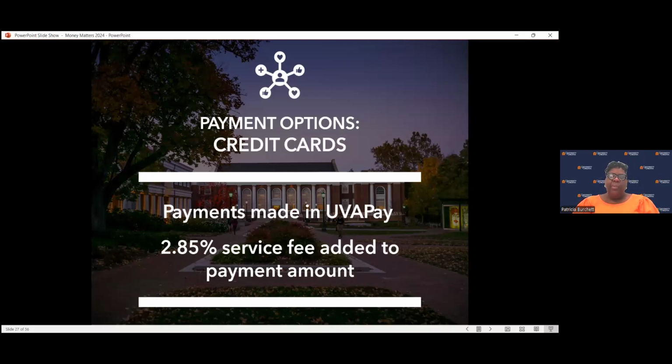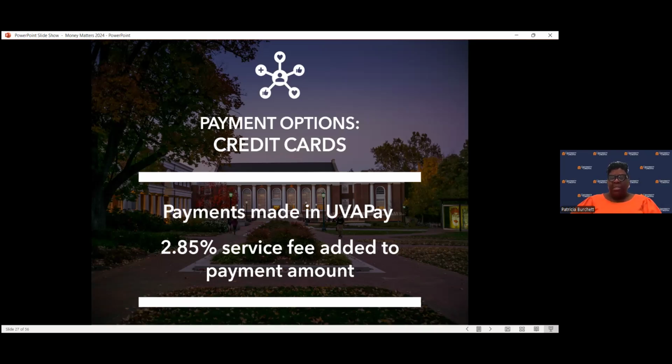That fee will be added to whatever payment that you are applying to your student's account. So keep in mind that the net will be what remains after that fee is taken out of it.